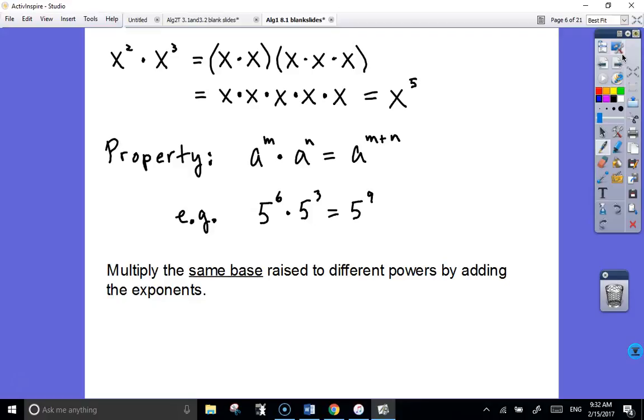Just like you did over here, 2 plus 3 is 5. M plus n is the new exponent. So for example, 5 to the 6th times 5 to the 3rd would be 5 to the 6 plus 3. So when you're multiplying the same base, add the exponents.